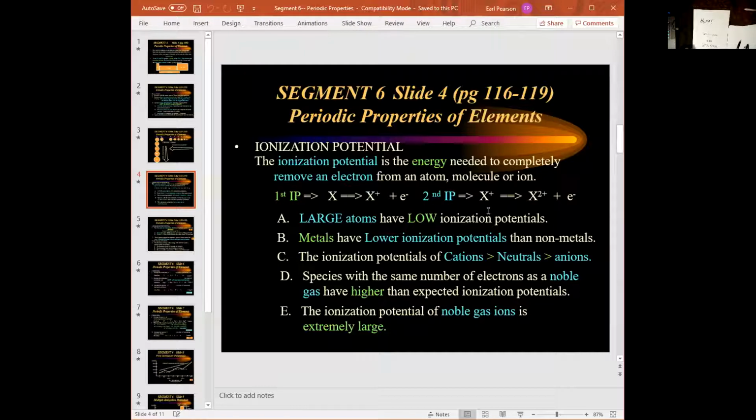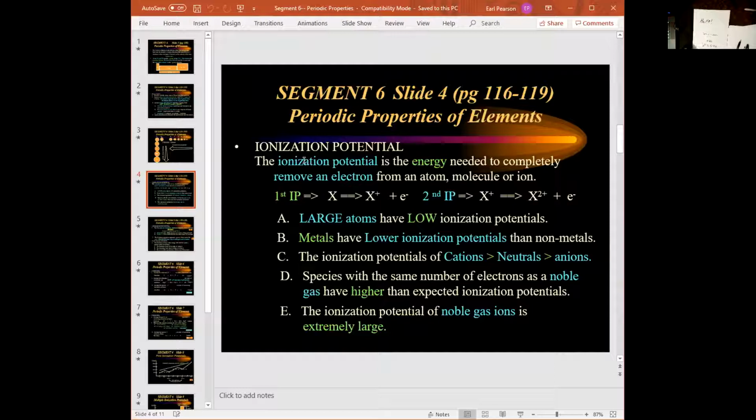Large atoms have low ionization potentials. Remember, the ionization potential is the energy to remove an electron from that outside layer. The further that outside layer is from the nucleus, the less energy it's going to take. So large atoms on the periodic chart, and you remember the trend we just showed you a moment ago, have low ionization potentials, and then the others have high. Metals certainly have lower ionization potentials than nonmetals.